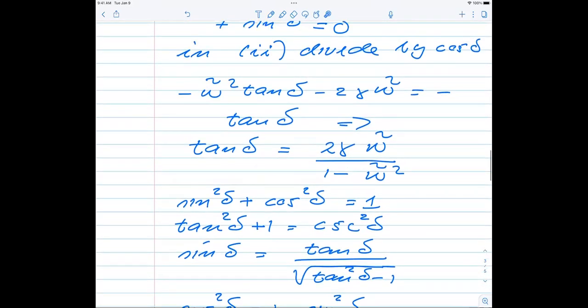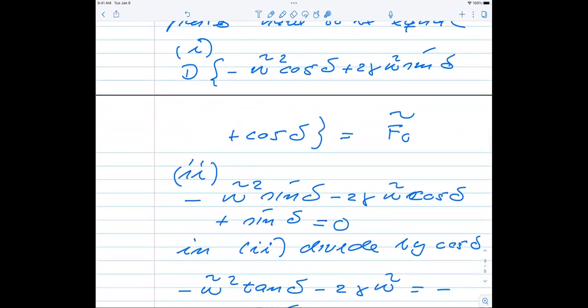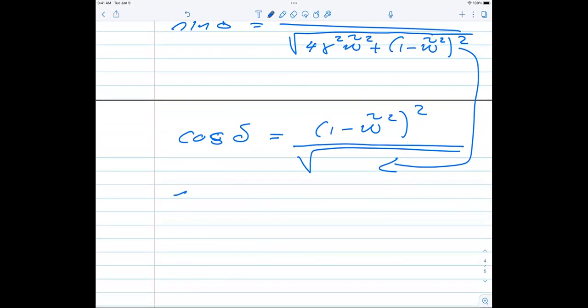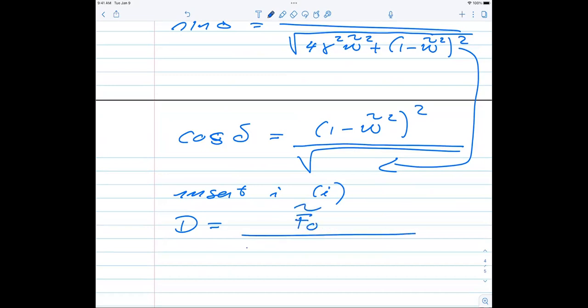So what I'm going to do now is plug in these expressions for cosine delta and sine delta into this expression, insert in 1, and then we get an expression for d, which is going to be equal to f when we put everything together. I hope I've done the math correctly. I get this denominator, which goes like 1 minus omega tilde squared, squared, plus 4 times omega tilde squared multiplied with the damping factor gamma squared.